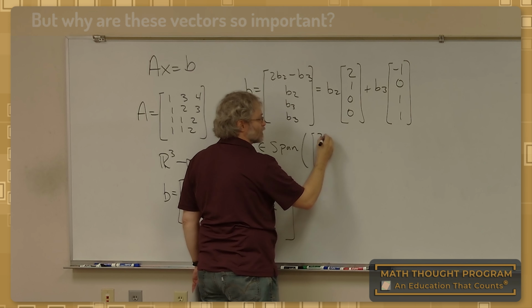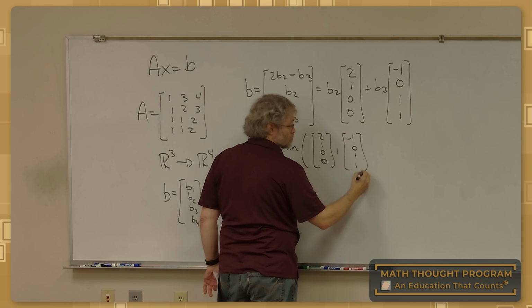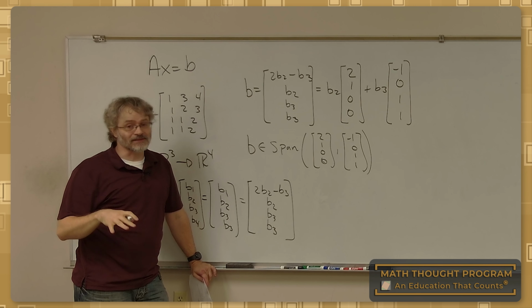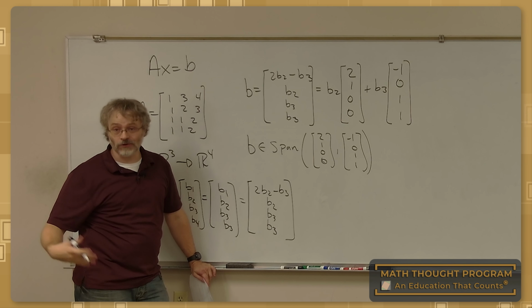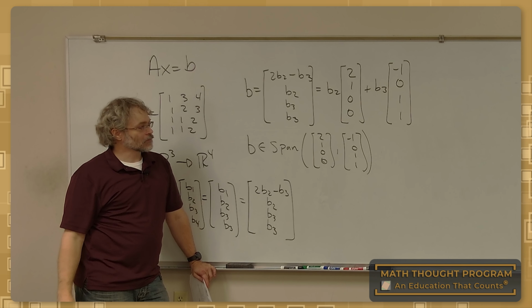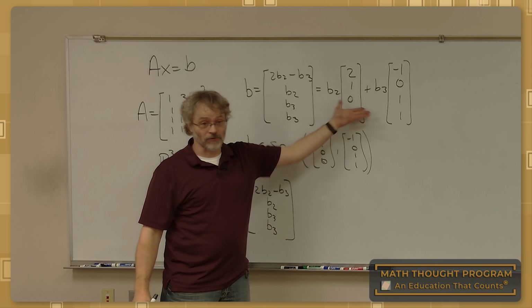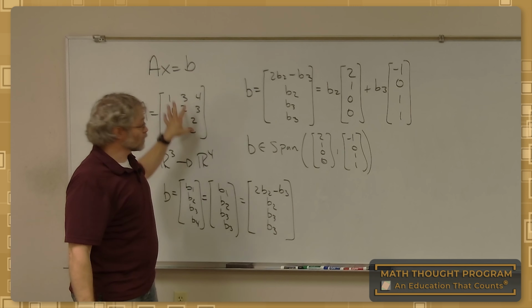Well, that's interesting. It's got to be in the span, otherwise it's not a solution. And a span, again, is the set that contains not just 1 or 2, but all linear combinations. You can think of B2 and B3 as being parameters, you can do whatever you want. So really, this is the whole entire solution set corresponding to this matrix.